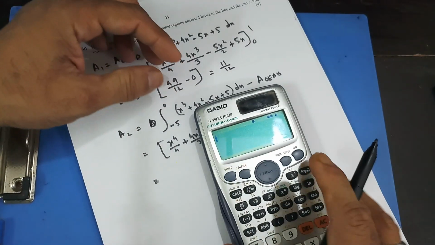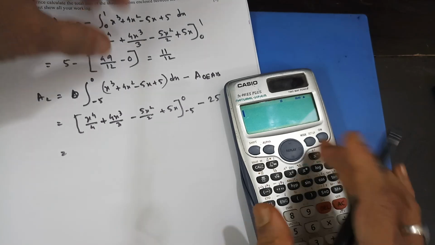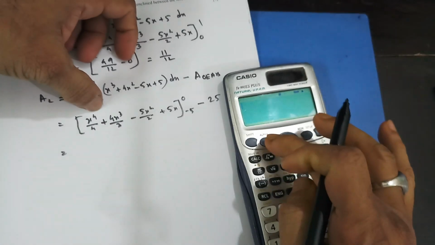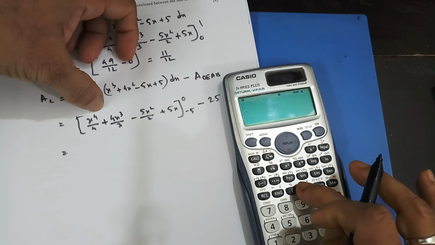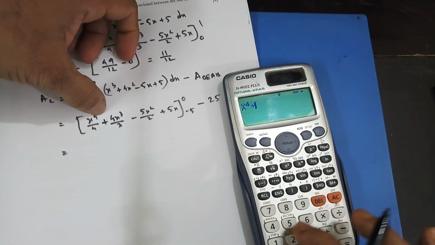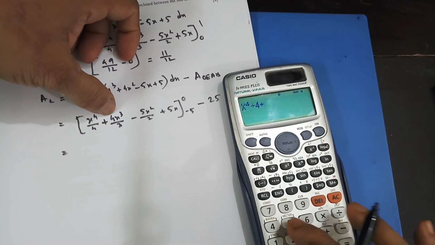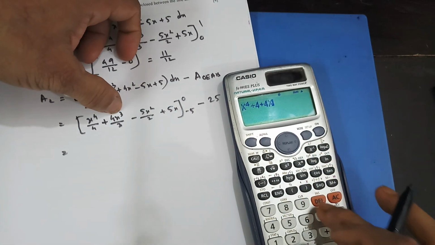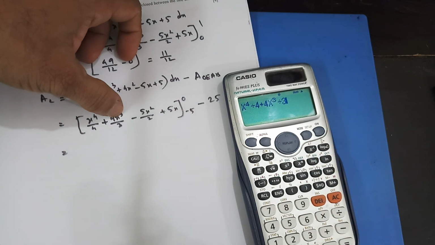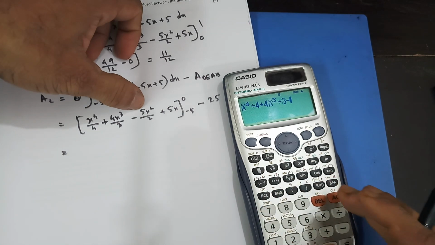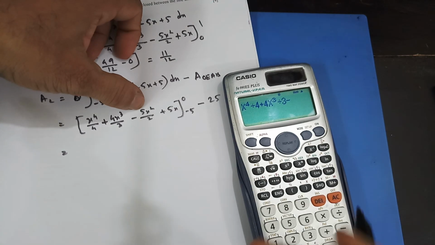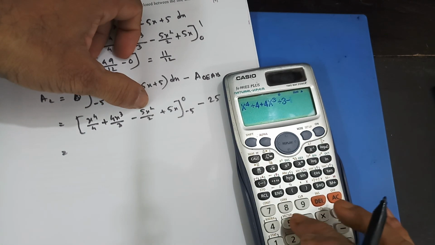Okay, so I'm going to show you another trick for this one. If you know how to integrate that with the calculator, that's fine, but I'm going to show you a trick. So this is going to be that to the power 4, divided by 4, plus 4 times that to the power 3. This is a very good way if you are solving any equations of degree more than 2, by trial and improvement method.